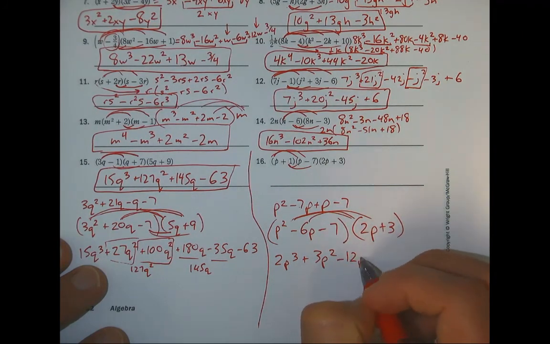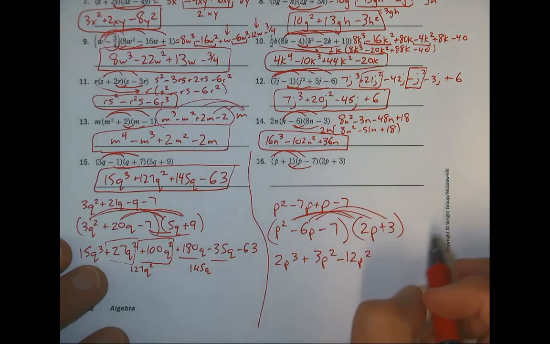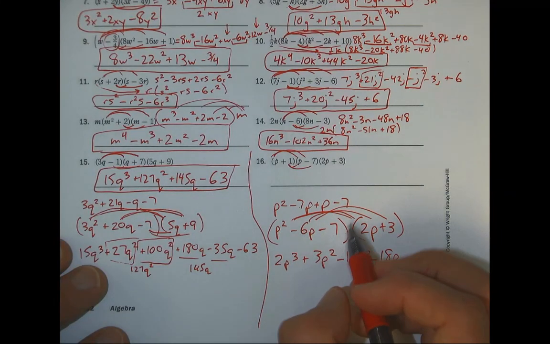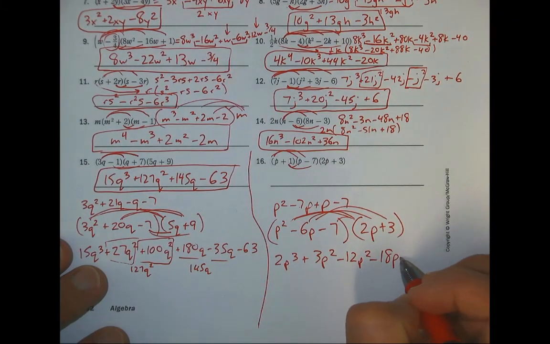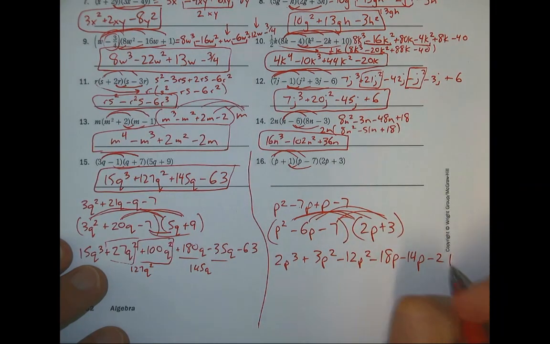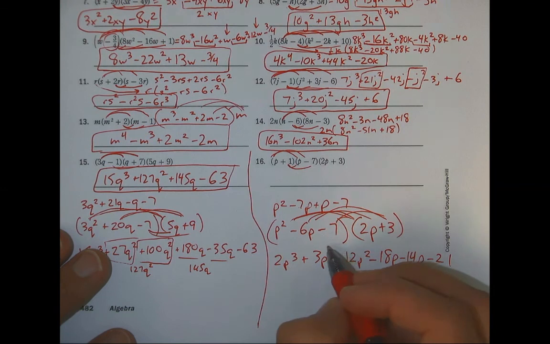Negative 12p squared. Negative 18p. So I've got 4 of them. 2 from this, 2 from this. I need 2 from this. So negative 14p. Negative 21.